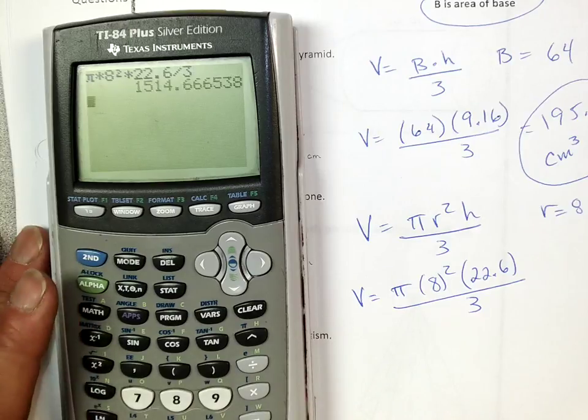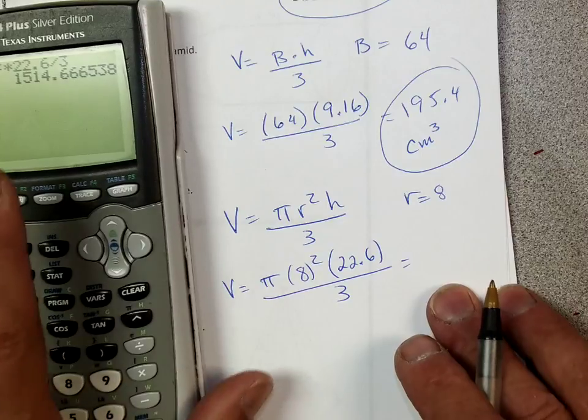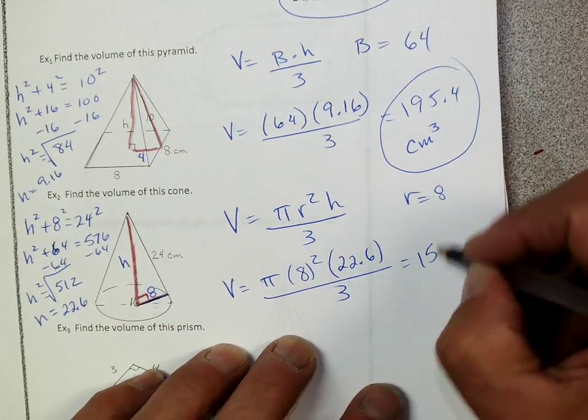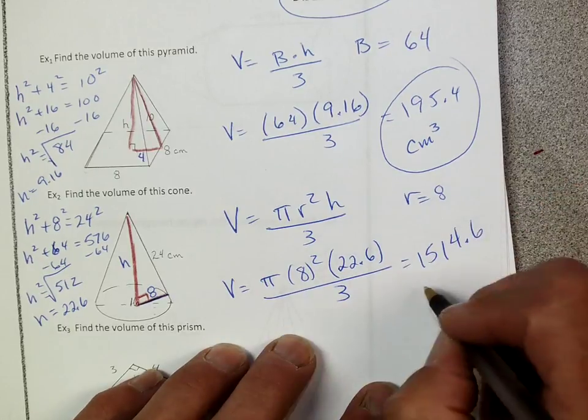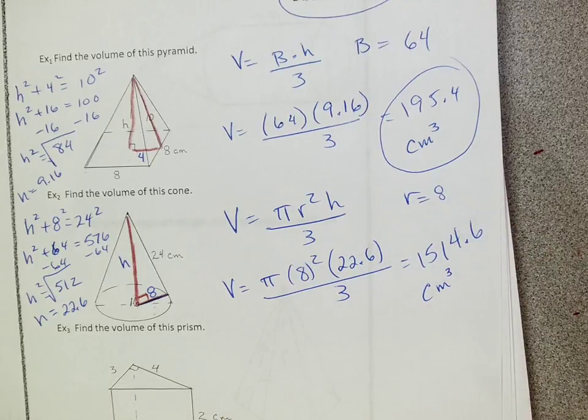I get an answer of about 1,514.6 in centimeters cubed again, because I've got little cubes. It's volume. How many cubes will fit in there?